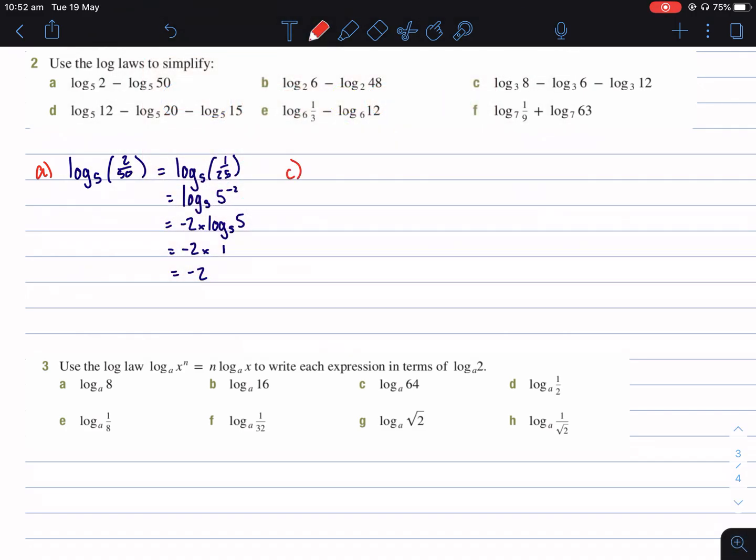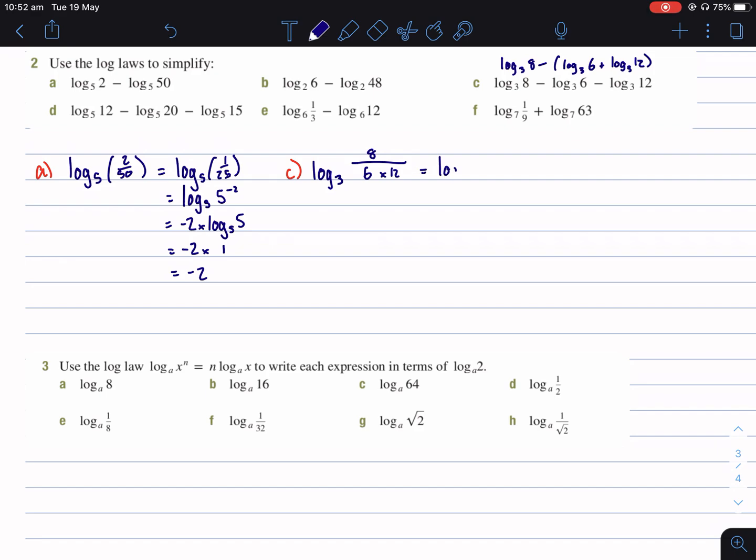Question C. Log base 3 of 8 minus log base 3 of 6 minus log base 3 of 12. So we've got log base 3 of 8 divided by 6 and divided by 12. So the 12 goes on the bottom as well, and we can write it like that. Because that's like saying log base 3 of 8 minus log base 3 of 6 plus log base 3 of 12, yeah?